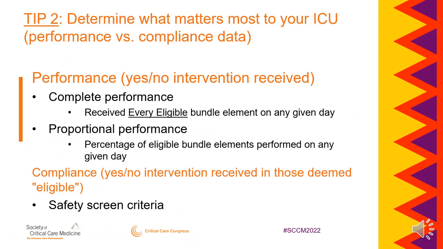So tip 1, clearly define your bundle. Clearly define what means the team members did the bundle. So again, just because it's the A and it's the easiest to go to, our operational definition was A was a success and A was given if they had those pain assessments.